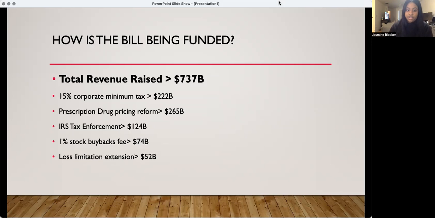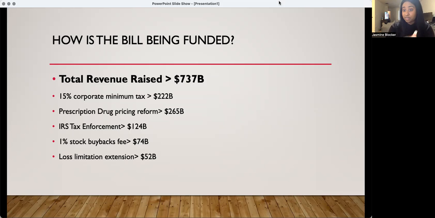So there are quite a few of these that are impacting corporations the most. The 15% corporate minimum tax is definitely an idea that has been recirculated throughout history. Like we've seen this enacted by many administrations. And I think the stipulations right now remain, if you are a company that generates over $1 billion in revenue, you're going to be paying a 15% minimum tax.